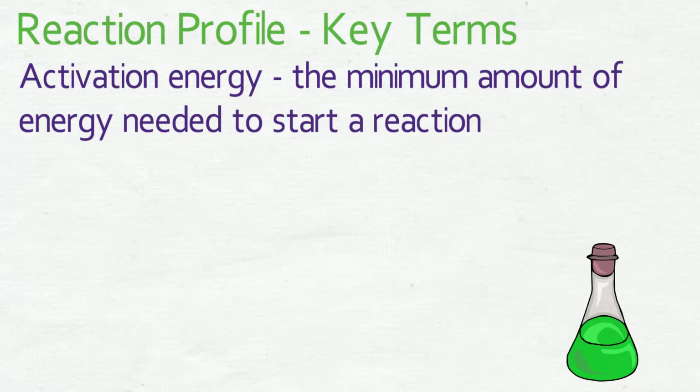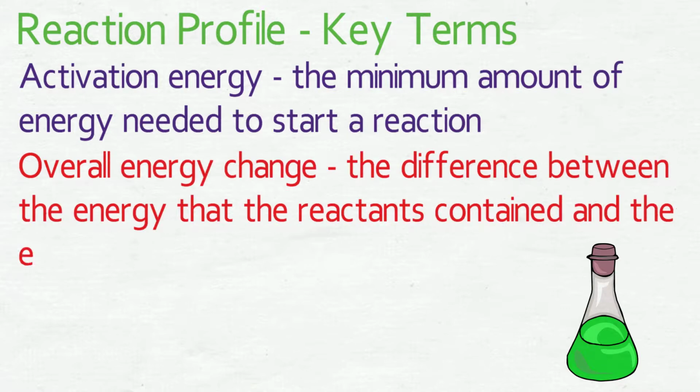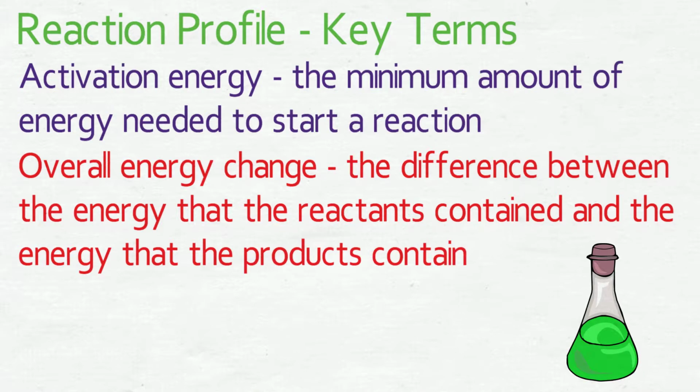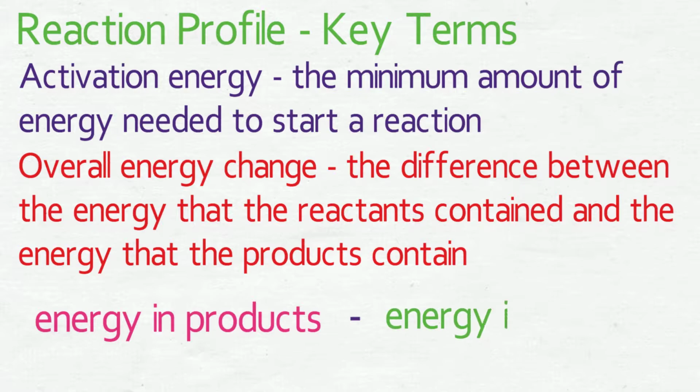The second key term that we look at is the overall energy change. This is the difference between the energy that the reactants contained and the energy that the products contain. We work out the overall energy change by taking the energy in the reactants away from the energy in the products. A positive value for the overall energy change means that there is more energy in the products than there are in the reactants.